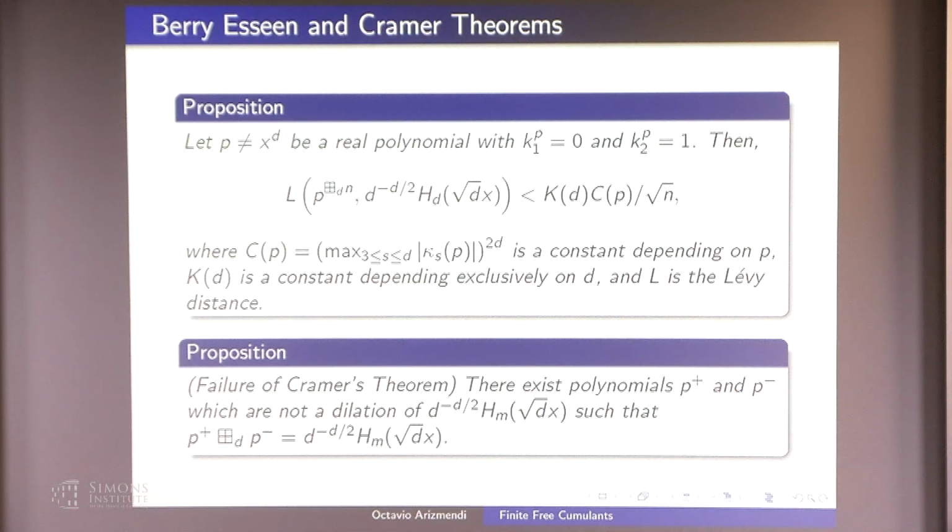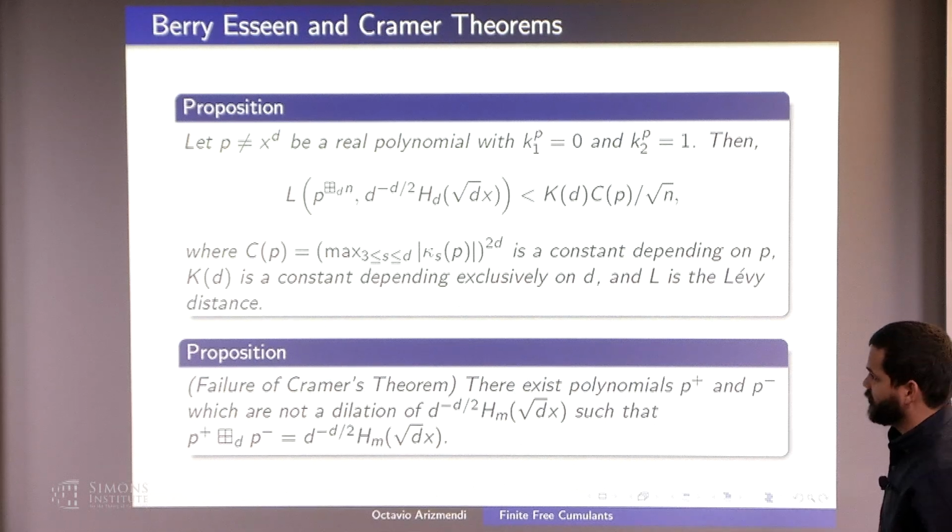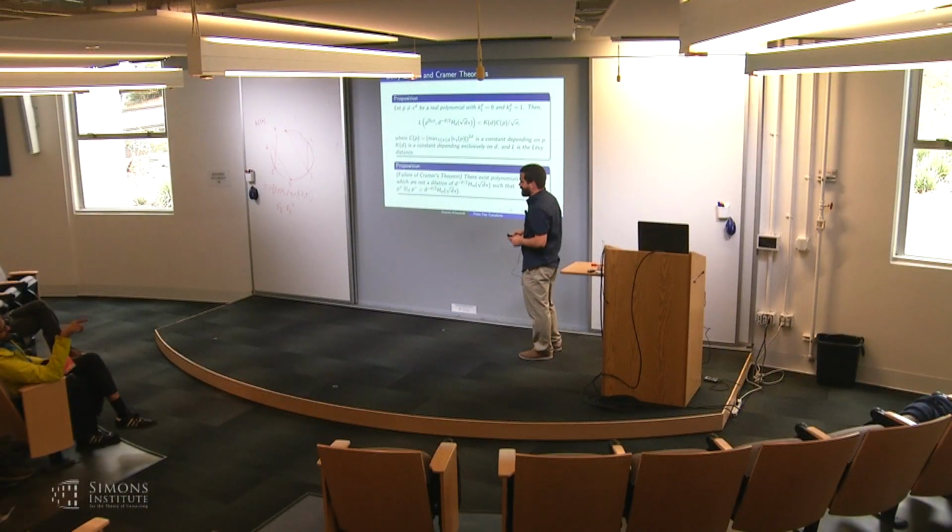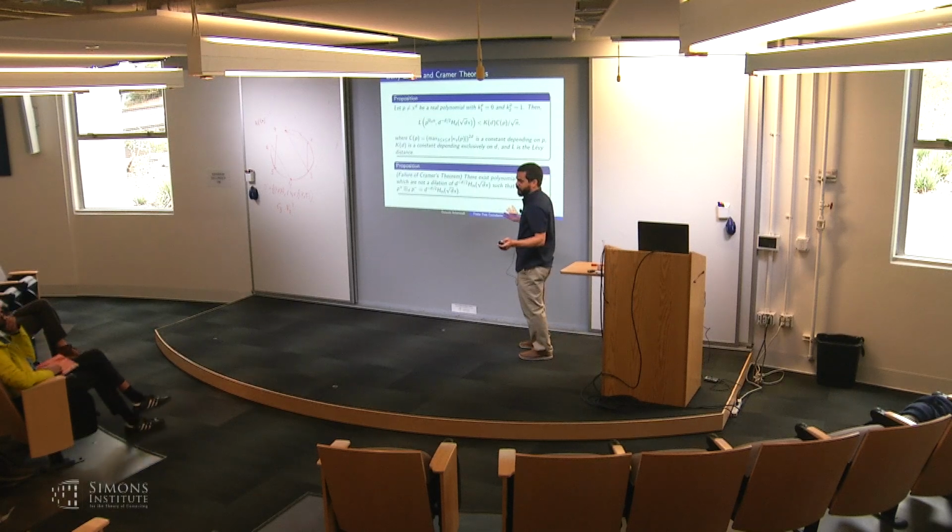But in this proposition, the constant goes to infinity as d goes to infinity, right? Yes, I cannot get that. We should be more precise in our bounds. Is it possible that you could get a constant that doesn't depend on d? I guess yes, but we will need to work harder. The thing is that here the proof is very simple somehow.